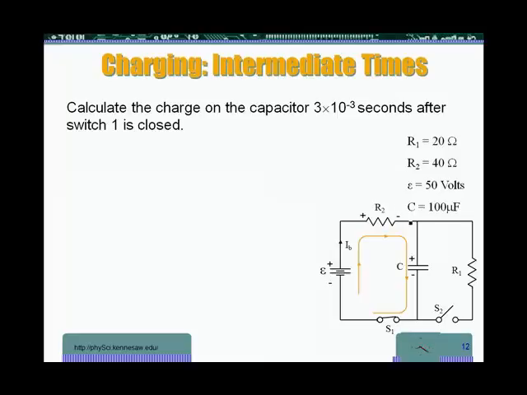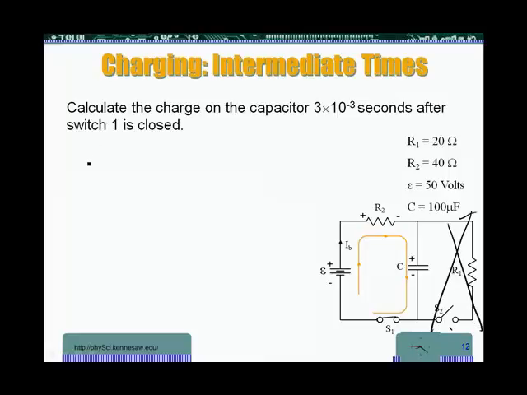We are given the values, instead of saying 2R, we are given the values 40 ohms. The voltage of the source is 50 volts, the capacitance is 100 microfarad, and R1 is 20 ohms. Remember, as long as we don't close S2, this part right now is insignificant.